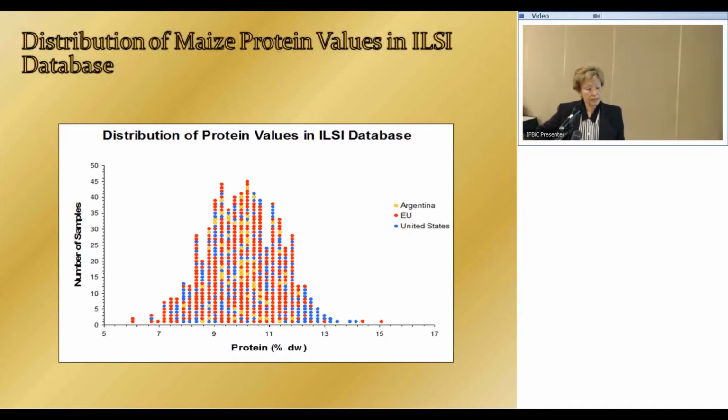The protein varies from about 6 to 15 percent dry weight. South Africa and Argentina are more or less here in the middle, so I think we're safe. I don't know how you interpret those at the ends and how nutritious that would be. But that is what a comparison is all about.